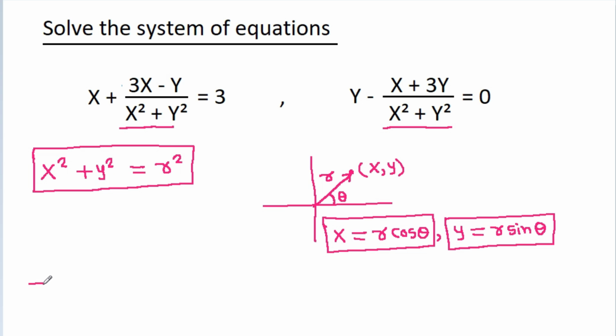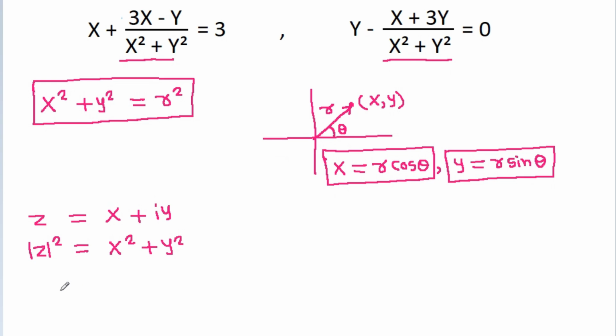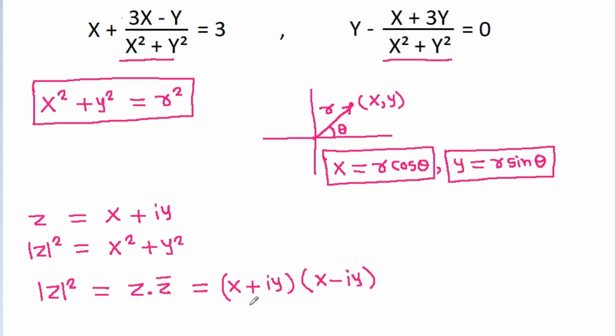Any complex number z is equal to x plus iota y, and mod z square is equal to x square plus y square, because mod z square is equal to z times z conjugate, and z is x plus iota y times z conjugate x minus iota y, and (a plus b) times (a minus b) is a square minus b square.